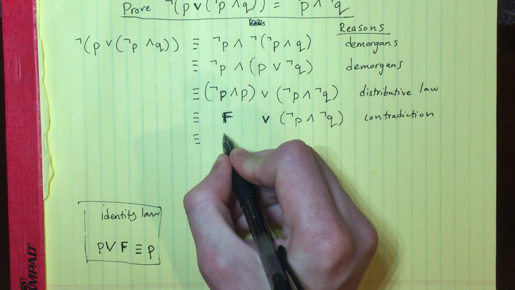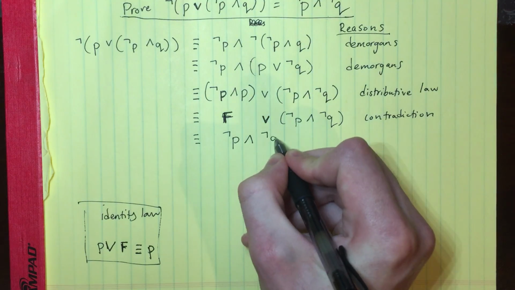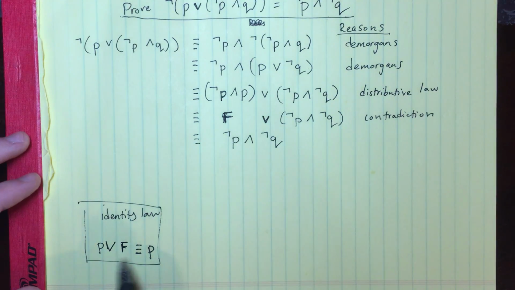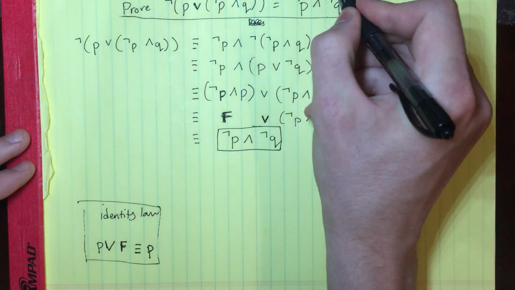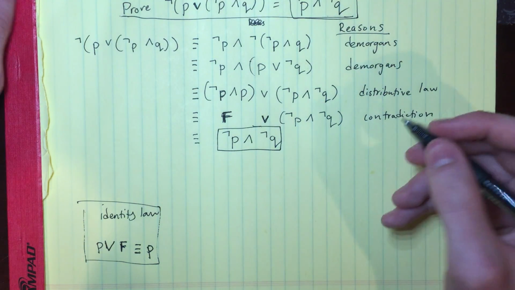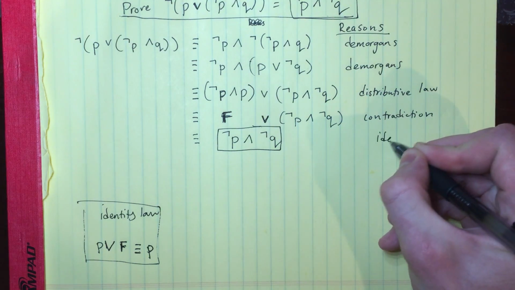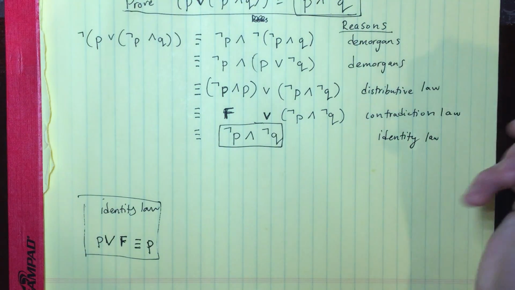It gives you back the proposition, so not P or not Q. And look, we use this law. And now if you look, that's the same thing as this. This is called, when you write, identity law.